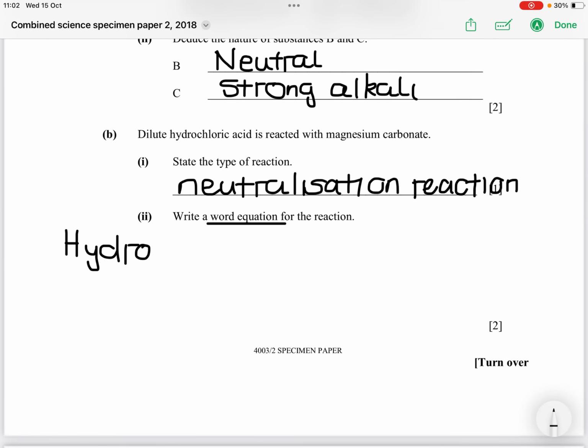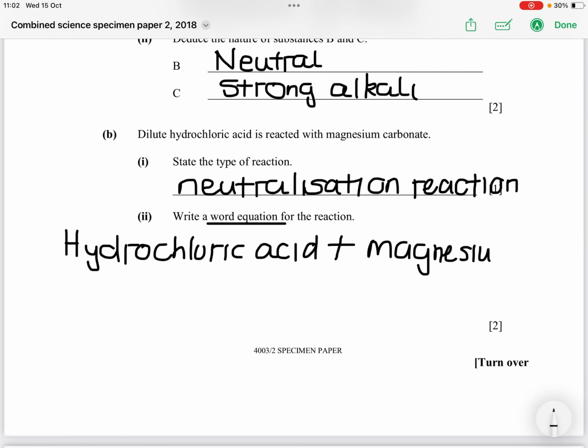So we say hydrochloric acid reacts with magnesium carbonate.